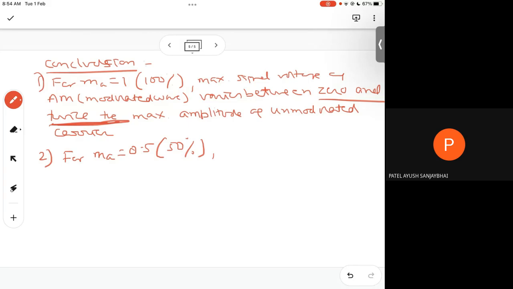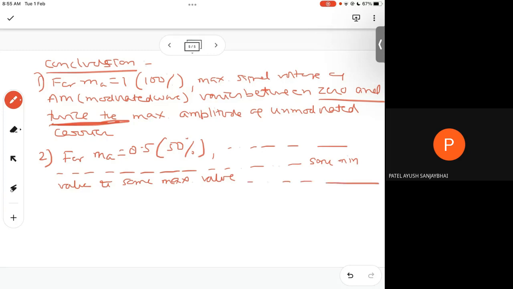So in this case, your maximum signal varies between some minimum value and some maximum value of the unmodulated carrier. So basically, it is not exactly 0 here. It is not exactly twice the maximum here. There is some minimum and some maximum value.